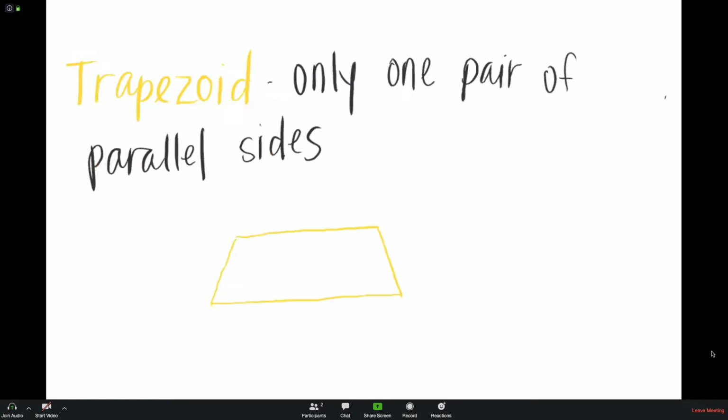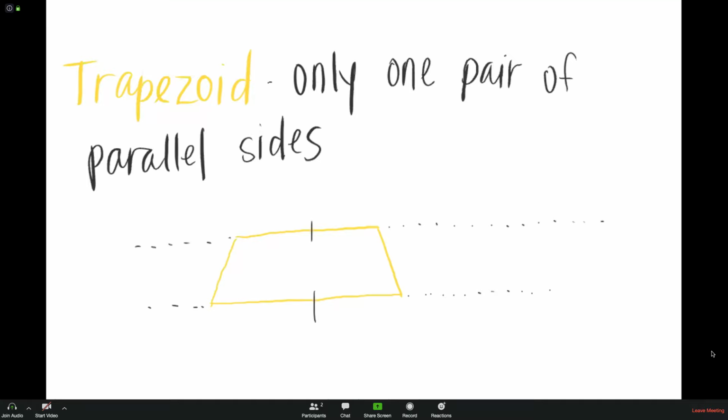The next one we have is a trapezoid. And a trapezoid is made up when only one pair of sides is parallel. So if you notice these two lines here, because they're straight, they're not going to touch ever. These are the pair that are parallel.